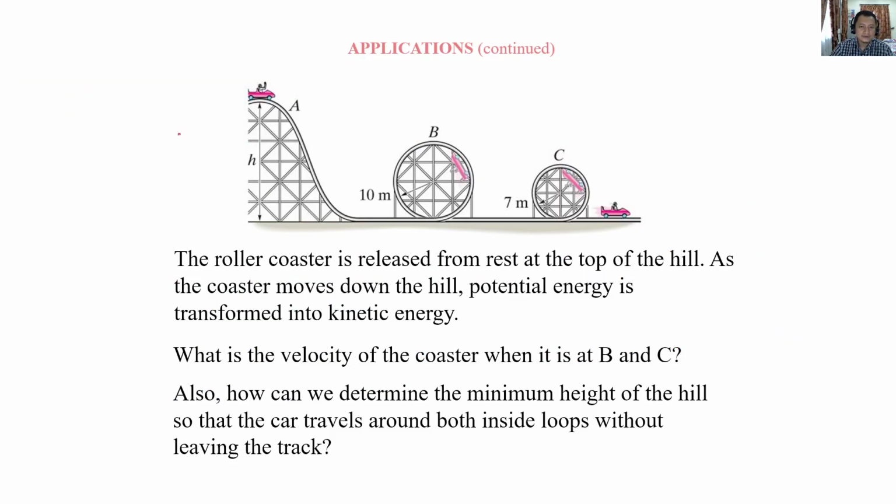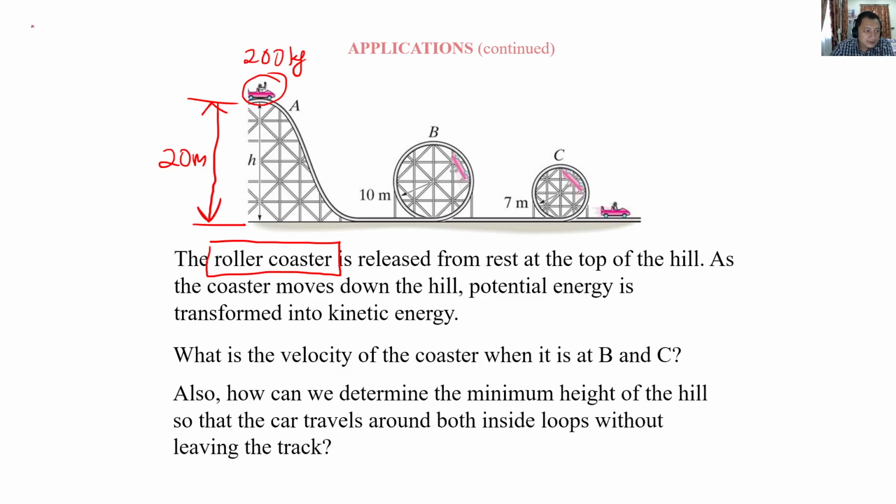Okay, this is one very important application. Let's say you are designing a roller coaster. The roller coaster is on top of a hill, very high, let's say 20 meters high. At point A, let's say this car weighs 200 kilograms. You can find the potential energy.